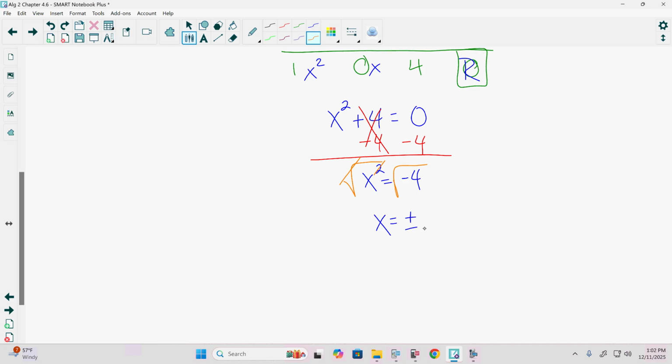Whenever we take the square root of both sides, we have to put the plus or minus. So we have x equals plus or minus the square root of negative 4. The negative is going to come out as i. Square root of 4 is 2. Telling us that our last two solutions are plus or minus 2i.